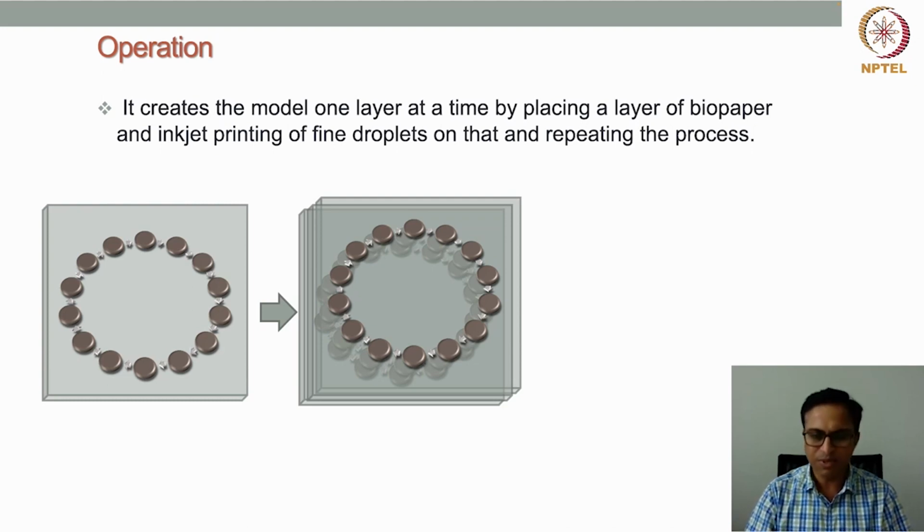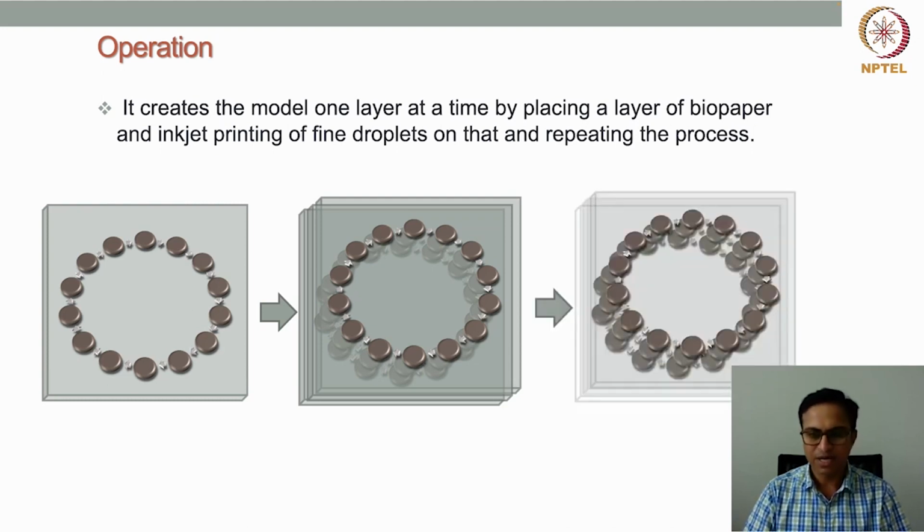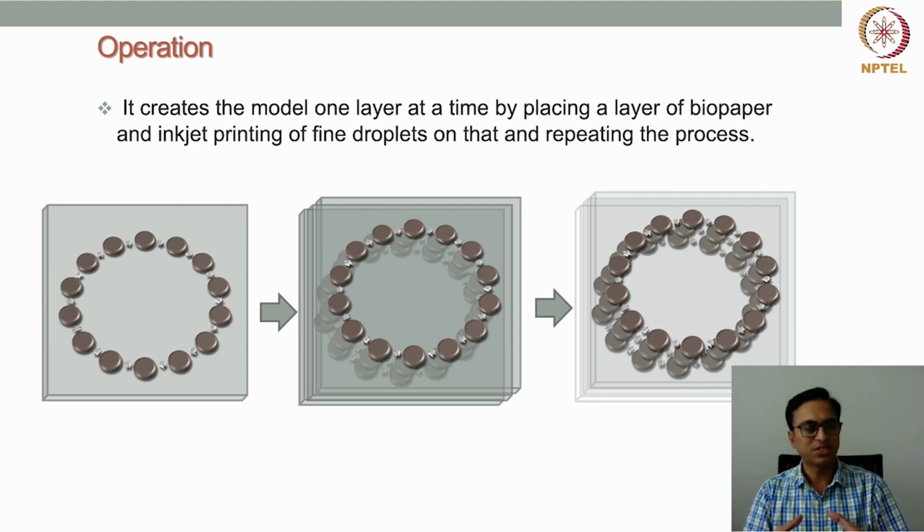And then, this biopaper is a biodegradable substance, so it will dissolve or degrade on its own. Before dissolving, the cells in these droplets come into contact with each other, assemble with each other, and produce the extracellular matrix. They will make up the tissue, right?